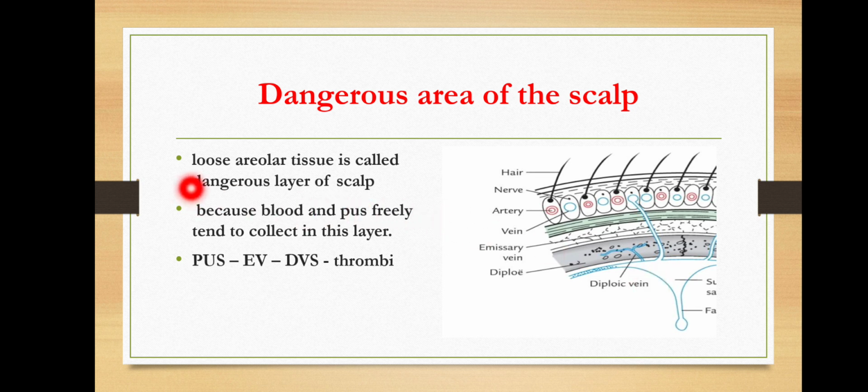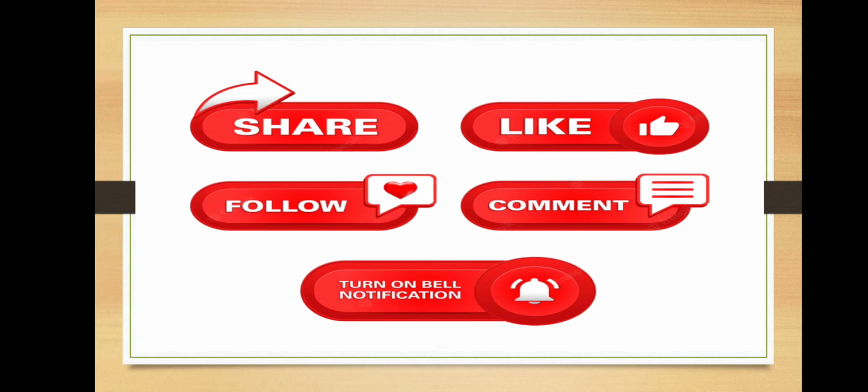So, the loose areolar tissue is called the dangerous area of the scalp because blood and pus freely tend to collect in this layer. So, the pus transfers to emissary veins, to dural venous sinuses, and it will form the thrombi. Okay. So, this is an important long answer question, the scalp.